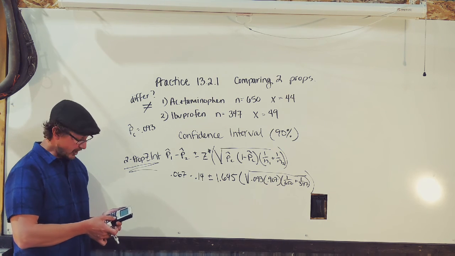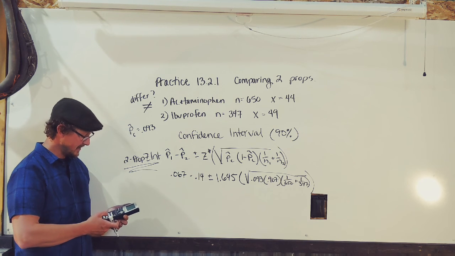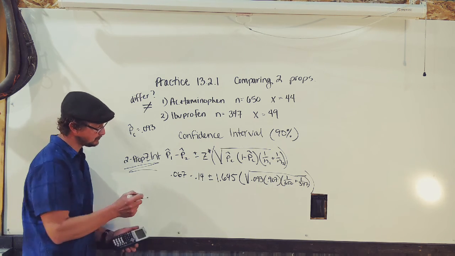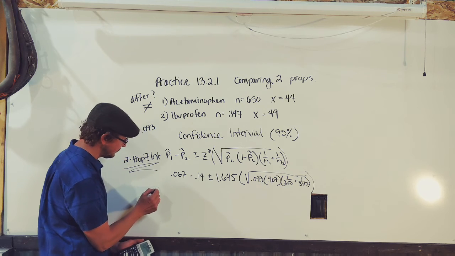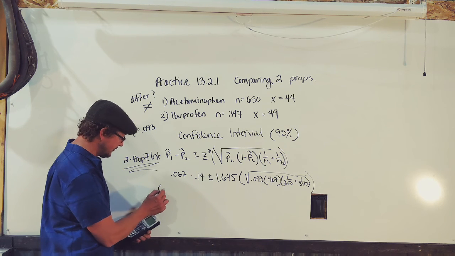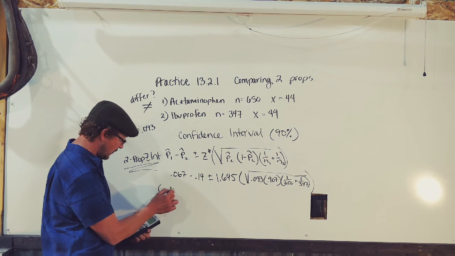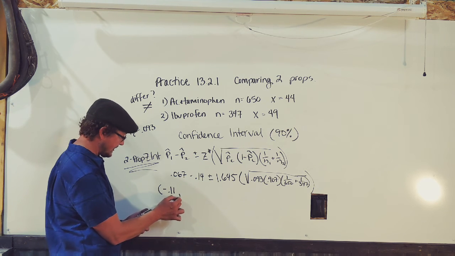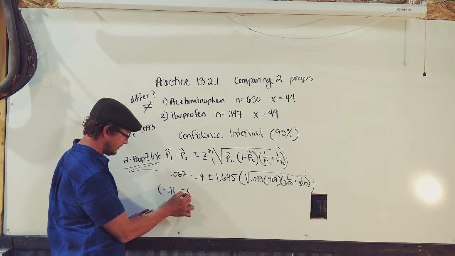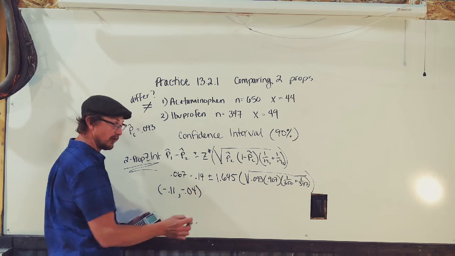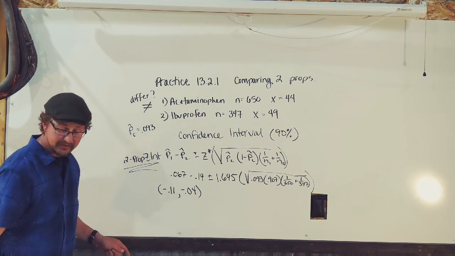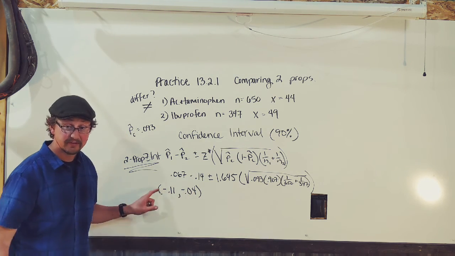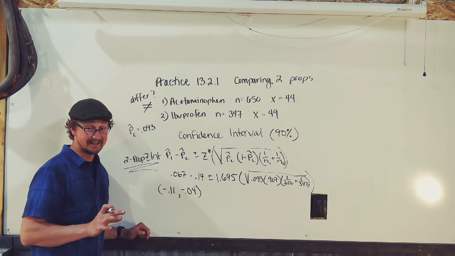All you have to do is adjust your confidence level to a 90%, 0.90, and calculate. And that gives us an interval of negative 0.11, I'm going to round, and negative 0.04. Now this negative on both of these values is really, really telling, okay?